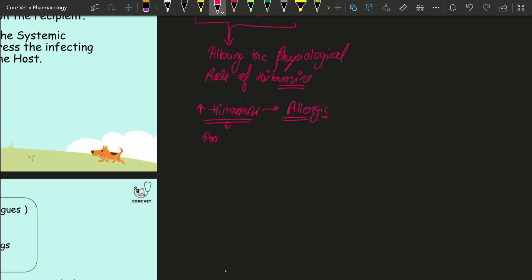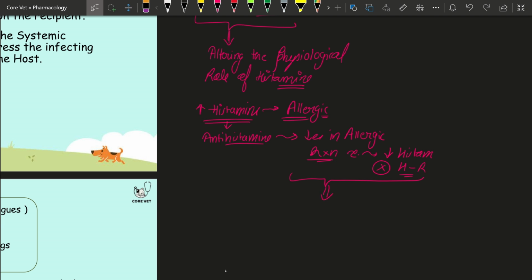Okay, so when you gave the antihistamine, what it does is a decrease in allergic reaction, either by decreasing histamine secretion or by blocking the histamine receptor. Okay, so what was it meant to be?